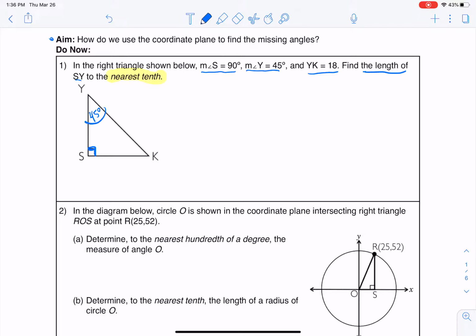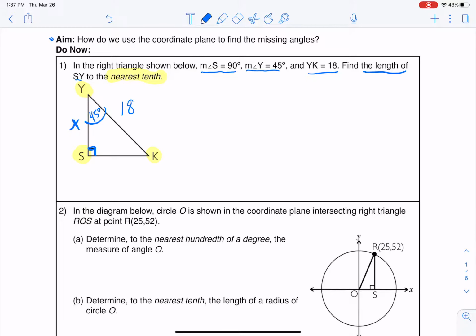I also know that side YK equals 18, so I'm going to write that where side YK is. I'm asked to find the length of side SY. So SY is what I don't know, what I'm looking for. So I'm going to indicate that with an x.